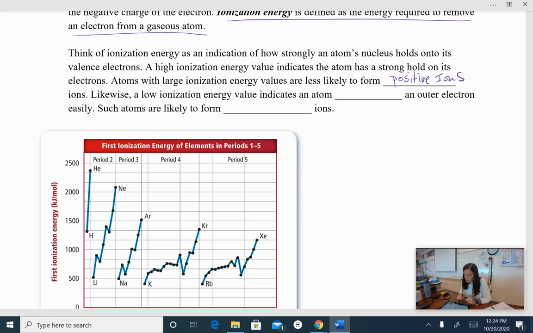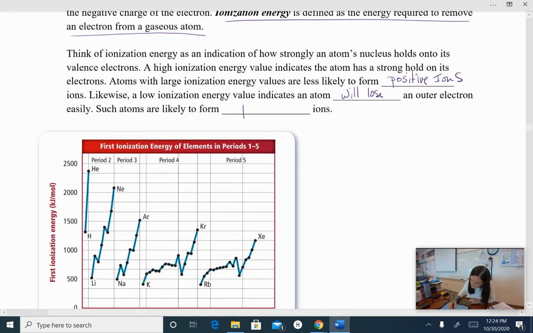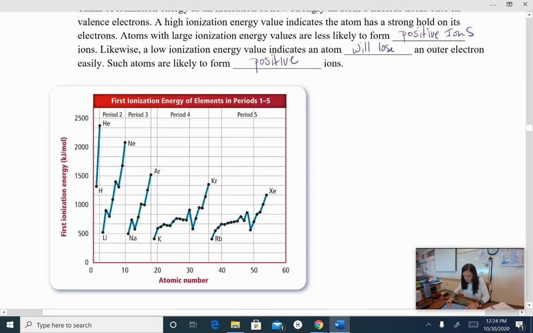Likewise, a low ionization energy value indicates that an atom will lose an outer electron really easily. Such atoms are likely to form positive ions.